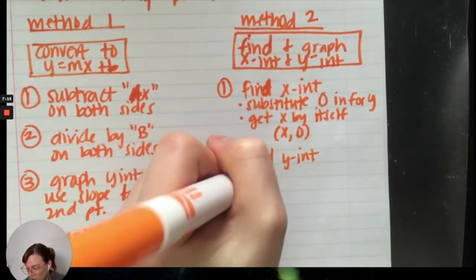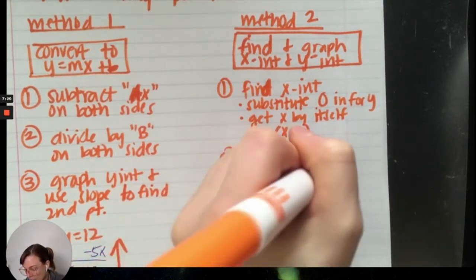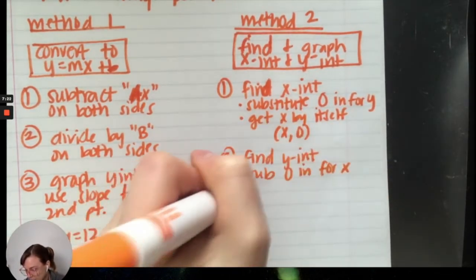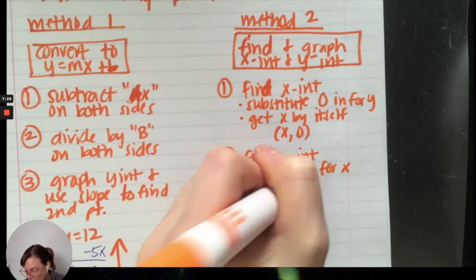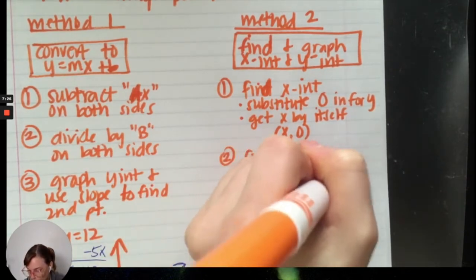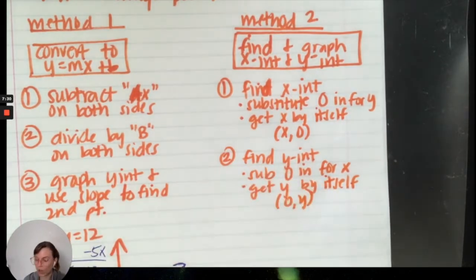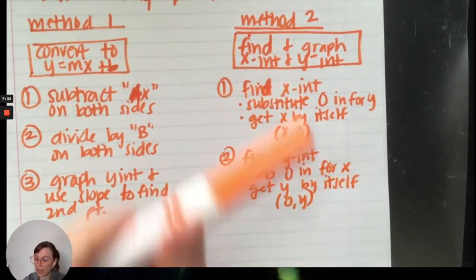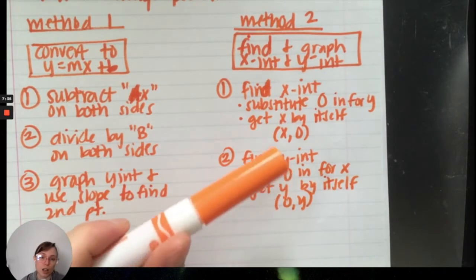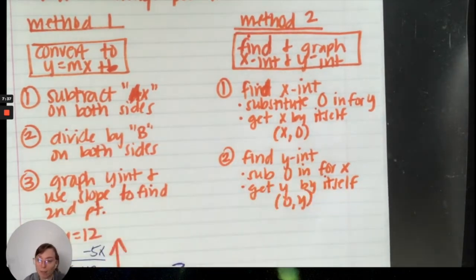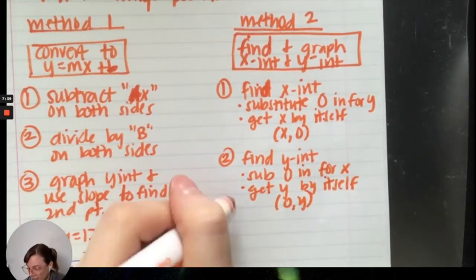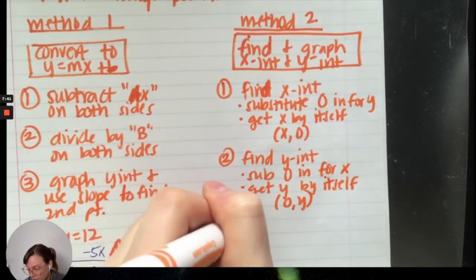So we are going to substitute 0 in for x. We're going to get y by itself, or isolate it, or solve for it, so that we get 0 comma y. So noticing that this is an x-intercept, y-intercept, x comma 0, 0 comma y. Think about that form.